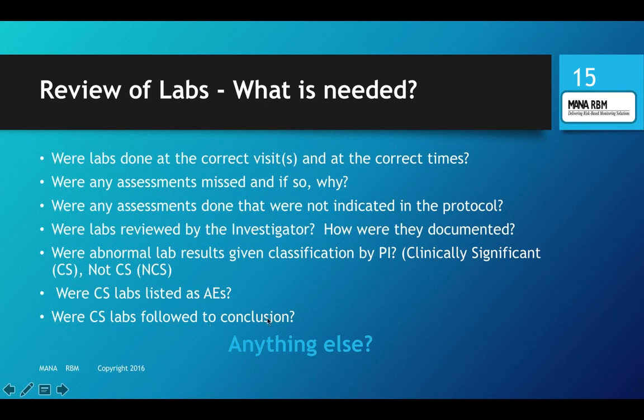And were those clinically significant labs followed to conclusion? One of the places it's easy to miss is when that abnormality changed, whether it's a lab or an AE or what. We can often get the start date, but we sometimes forget to look at when it ended. And flu doesn't last for a year. So you want to make sure that you can pick these things up.